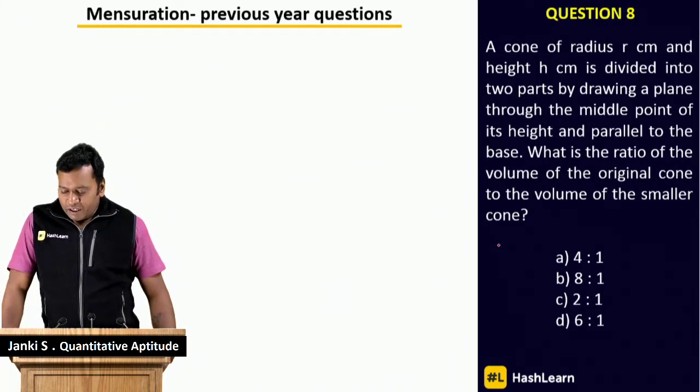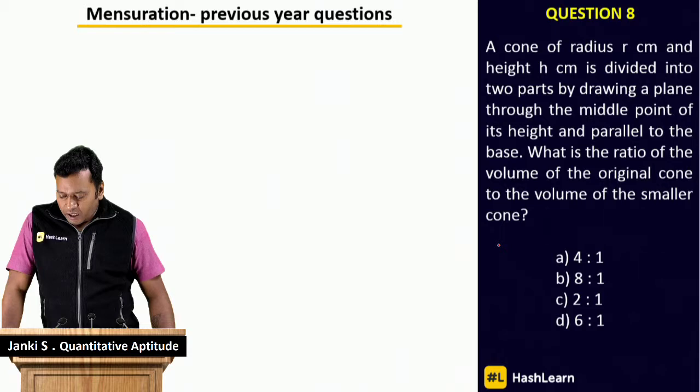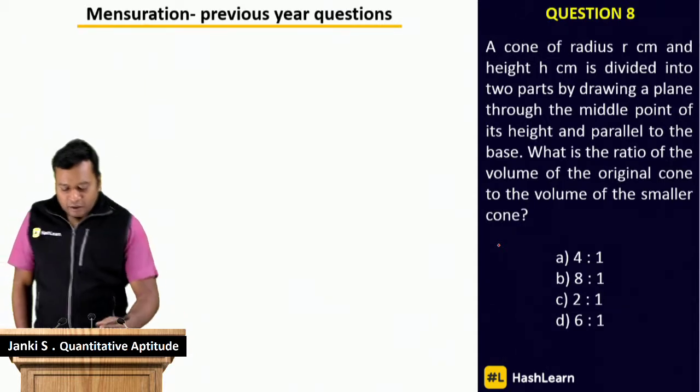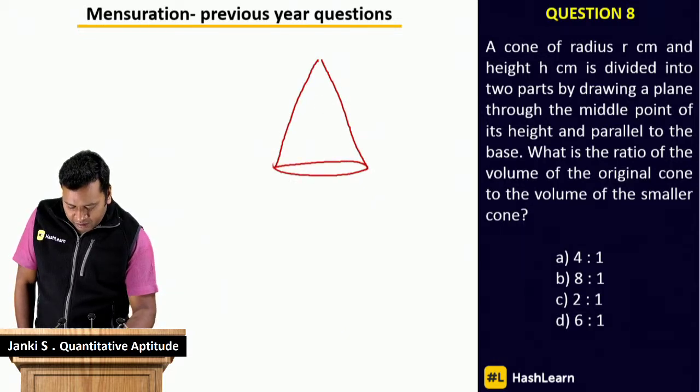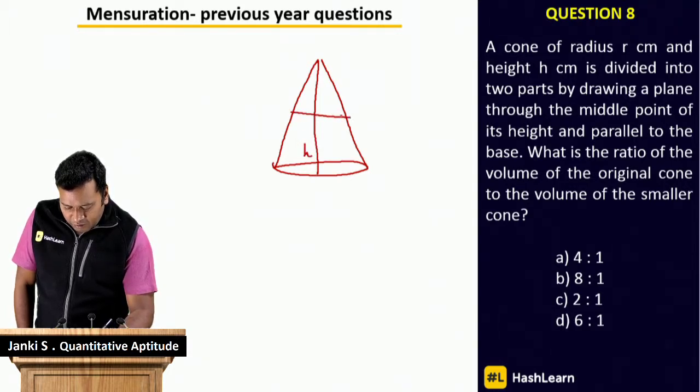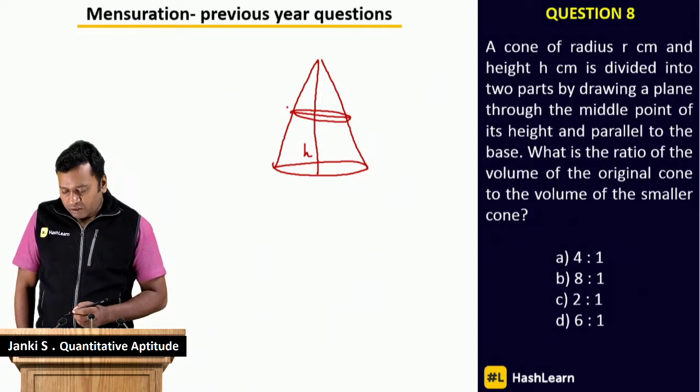Now a cone of radius r centimeters and height h is divided into 2 parts by drawing a plane through the middle point of the height and parallel to base. What is the ratio of the volume of the original cone to the smaller one? Okay, so now if it's a cone given and there is a height h here, and I have drawn a plane at this point, so that it will divide this in 2 parts in the ratio of 1:1.